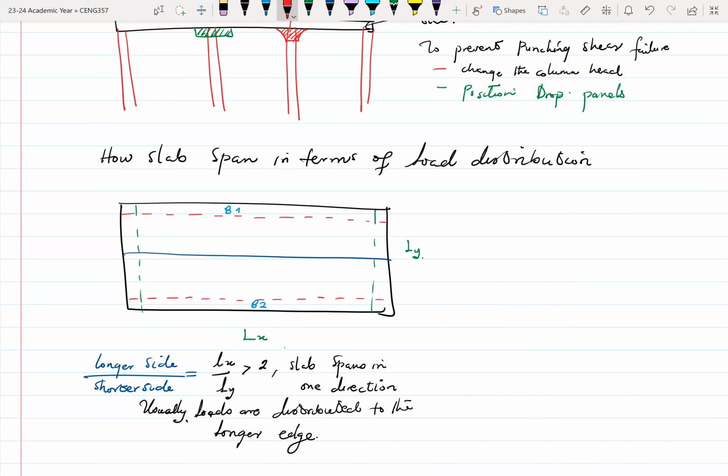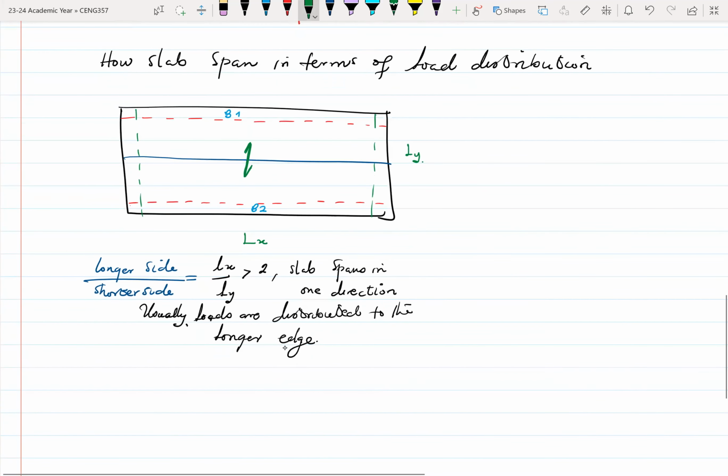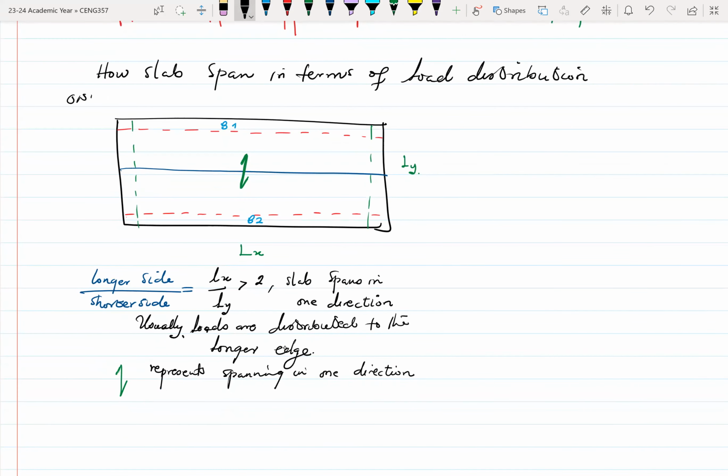All right. And we use the sign to represent spanning in one direction. So the sign here represents spanning in one direction.